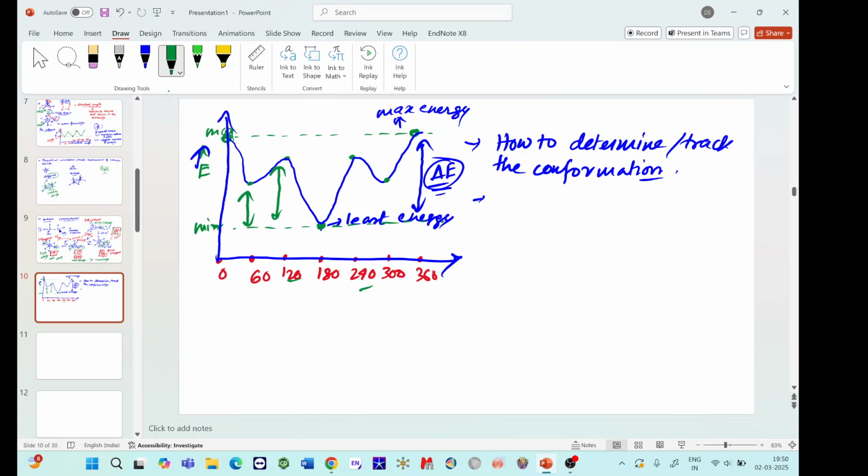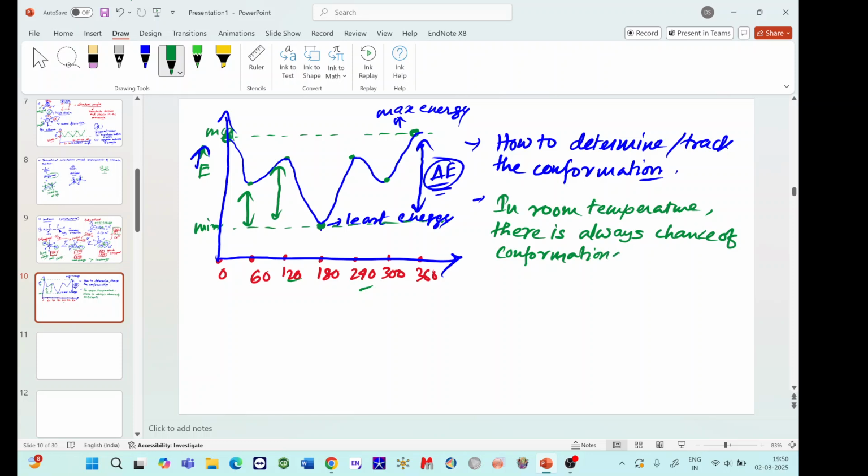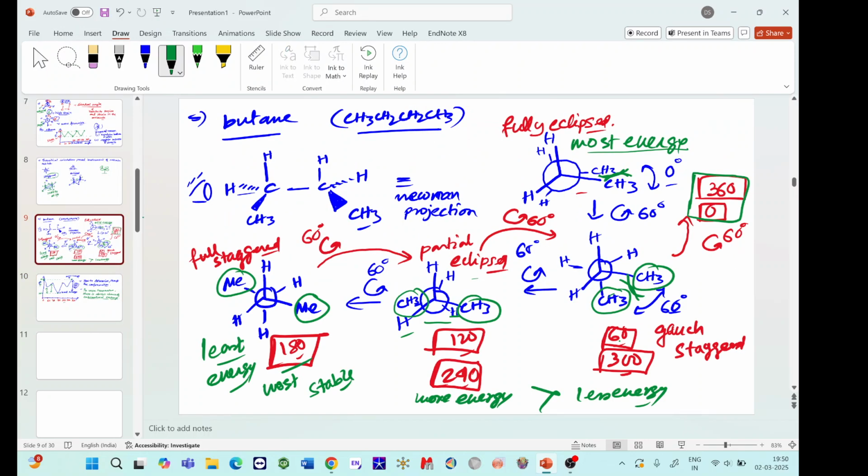So what happens at room temperature? There is always a chance of conformational exchange. What is conformational exchange? You can see you have this axial, this is called axial position, this is called equatorial position. So axial and equatorial position can interconvert.